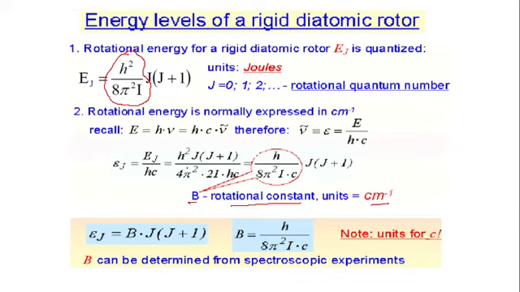We put this value into the above equation, then we get h upon 8 pi square I c into J into J plus 1, and that's why this h upon 8 pi square I c is the constant term which is denoted as B here also, and that B is called the rotational constant, and the unit of this is centimeter inverse. This B can be determined from the spectroscopic experiment, and its unit is centimeter inverse.